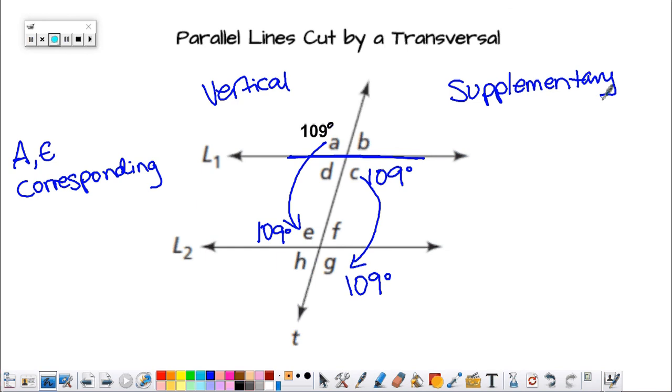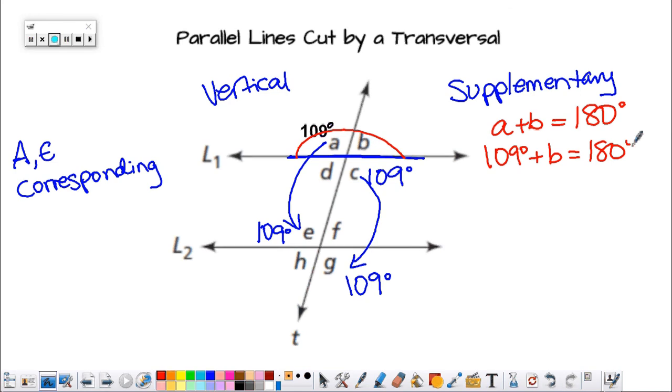So I can look at A and B. I know that A plus B has to equal 180 degrees because they're supplementary, right? This makes a 180 degree angle. It's a straight line. Well, we already know that A is 109 degrees, so if I just subtract 180 minus 109, then I'm going to end up with 61 degrees.